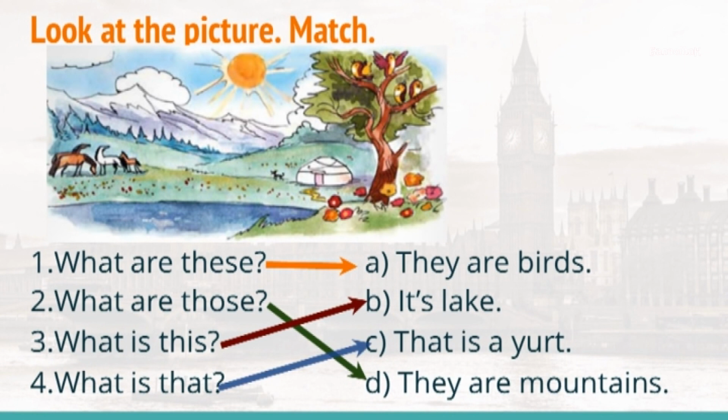It's a lake. What is that? That is a yurt. Well, look at the answer. You are right, I think. 1A, 2D, 3B, 4C. Put the words in order, then we will check.